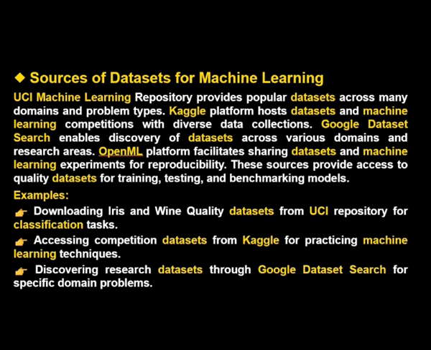The Kaggle platform hosts datasets and machine learning competitions with a diverse data collection. Google Dataset Search enables discovery of datasets across various domains and research areas. The OpenML platform facilitates sharing datasets and machine learning experiments for reproducibility.